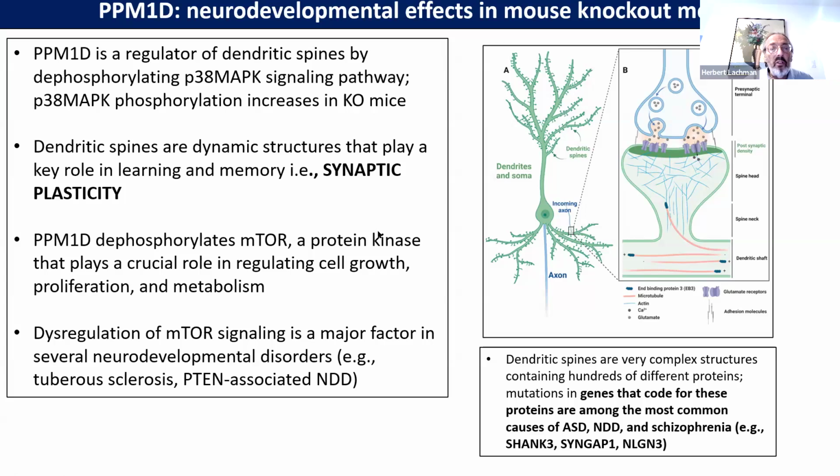PPM1D also dephosphorylates mTOR, which is a major signaling pathway involved in regulating cell growth. And this pathway is dysfunctional in several NDDs, most notably tuberous sclerosis and PTEN-associated NDD. These studies were done in mouse knockouts.